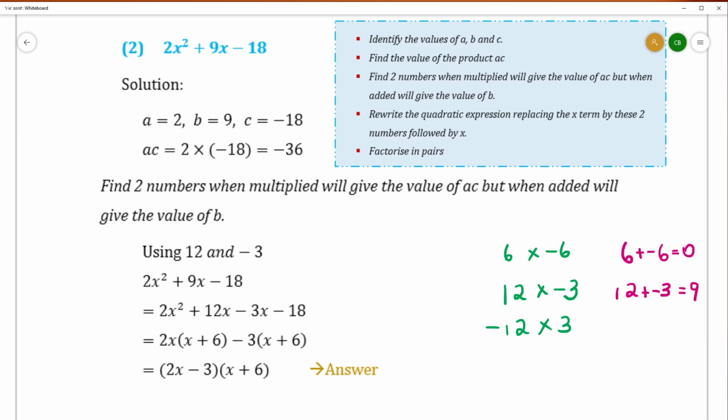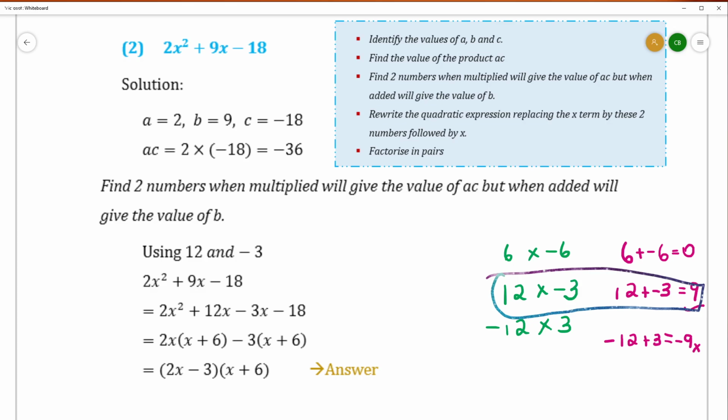So at this point we can stop here, no need to go further. But if we do, 12 plus 3 will give us minus 9, which is not our b. Our value of b is positive 9. So the combination that we are going to use is 12 and minus 3.